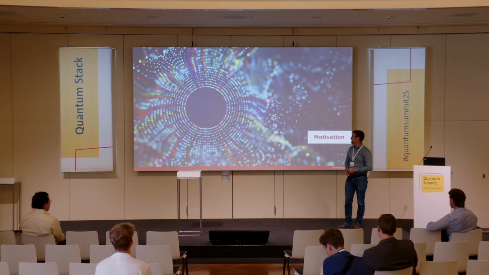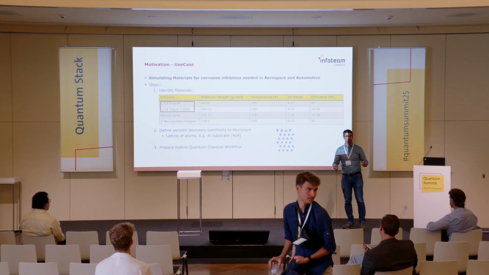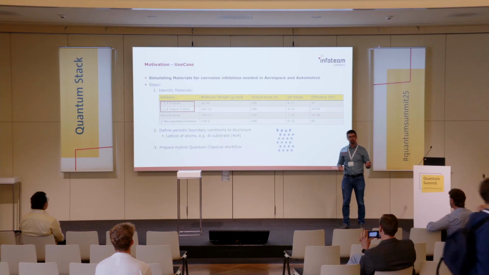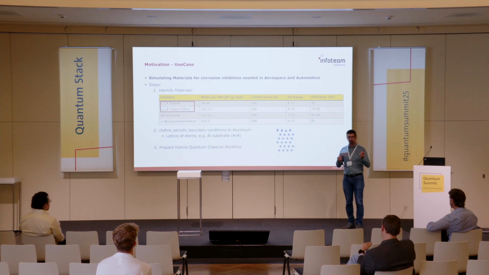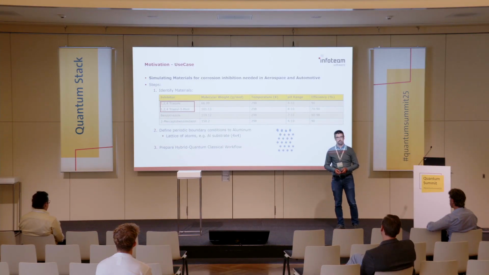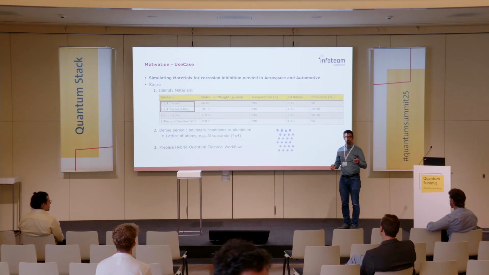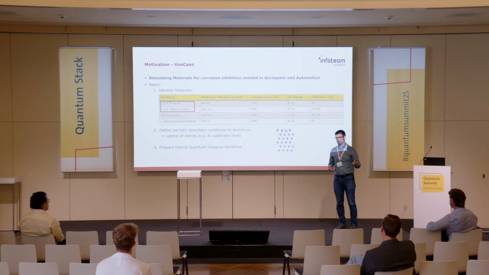Let's dive into our problem. Our use case considers the simulation of corrosion inhibition materials on the periodic boundary material aluminum that is needed in the aerospace and automotive industry. The first step is we have to identify materials.